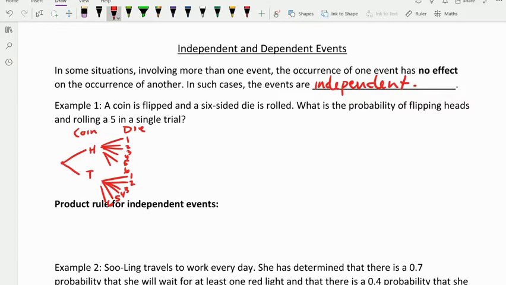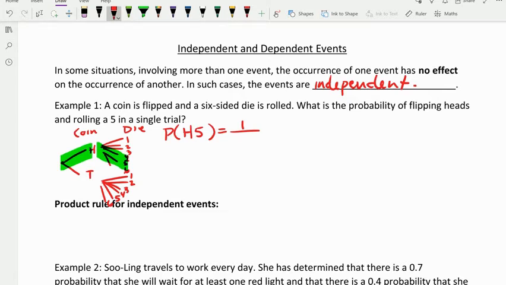Well, using our old way, we think about what pathway here has a head and then a 5. Well, there's this one pathway here, head and then a 5 down there. Okay, there's one pathway. So the probability of getting heads and then a 5 is going to be one pathway out of the total number of outcomes.